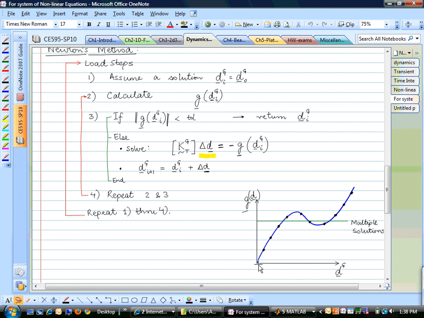And instead of applying all the load at once, those of you who are using nonlinear methods in Abaqus, there is a box when you set up the step where you have to choose the initial step. By default, in Abaqus, the initial step is set to 1. What that means is that you are applying all the load right in one step.